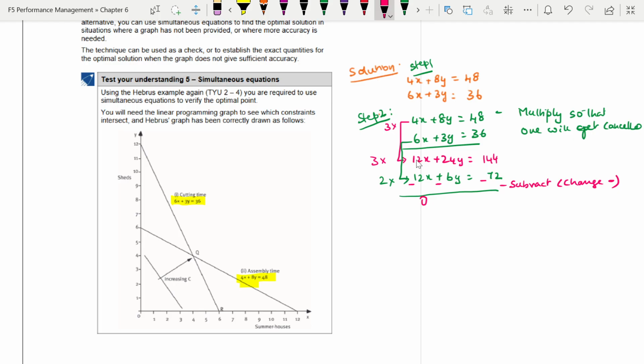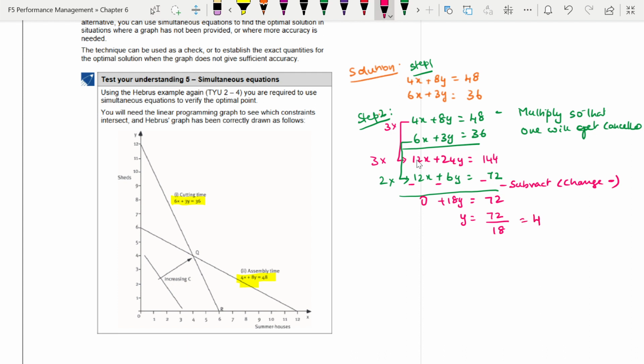Now, 24 minus 6 comes to plus 18y. 144 minus 72 comes to 72. Then y equals 72 divided by 18, which comes to 4.